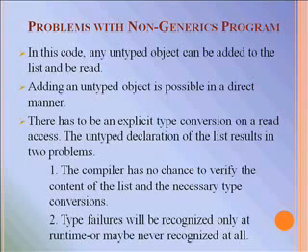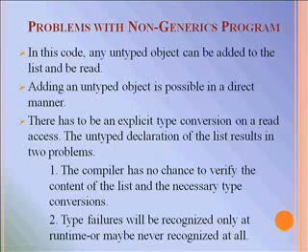The untyped declaration of the list can arise two problems. As you can see, these are two problems. The first: the compiler has no chance to verify the content of the list and the necessary type conversion.